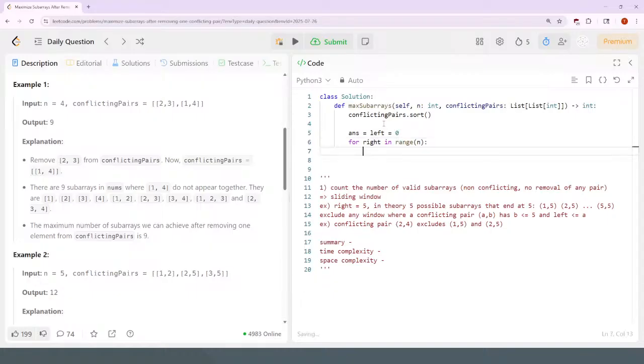Here would be: open the window, restrict, count, open the window.